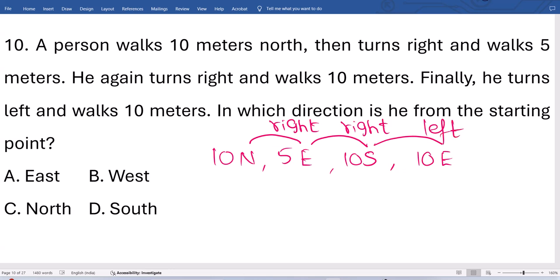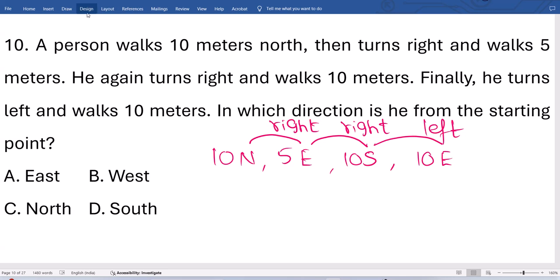I don't want to go for a diagram. I can directly attack. Right means we have to go clockwise: north clockwise east, east clockwise south, south clockwise west, west clockwise north, like that. Left means anti-clockwise, reverse. From north, right means clockwise, east will come. Again from east clockwise, right means south. But from south, going left means I will go to east.